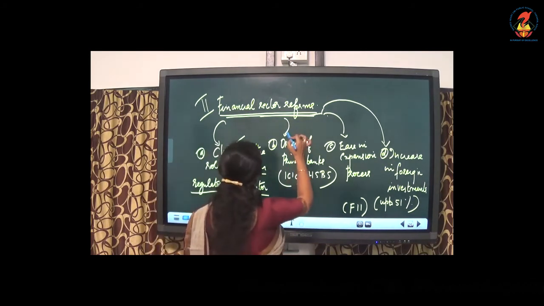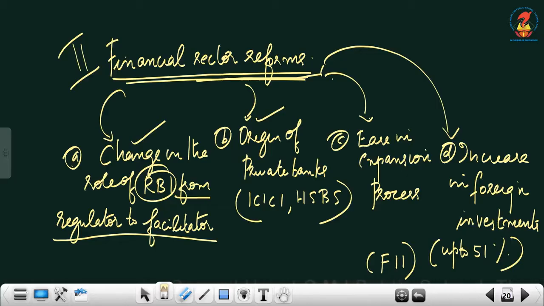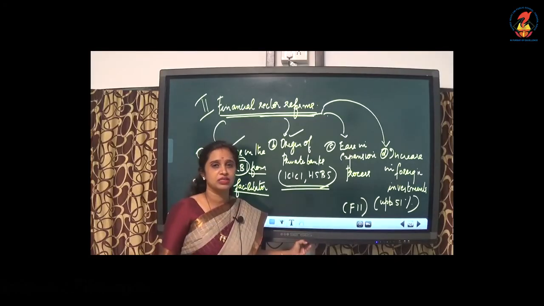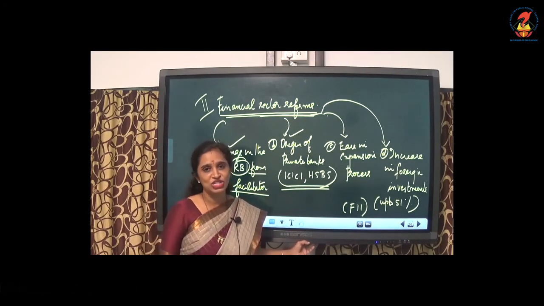Now, the second point under financial sector reform is the origin of private banks. With the freedom given to the other banks by the RBI, the entry of other banks also came into existence. Other private banks, for example ICICI, and foreign banks like HSBC also began to enter the Indian economy.